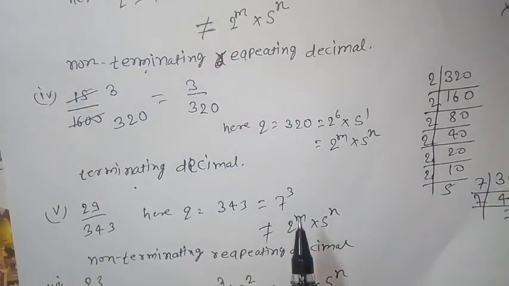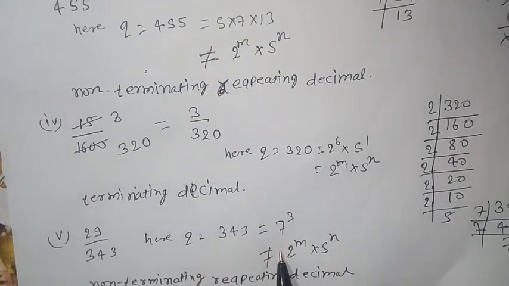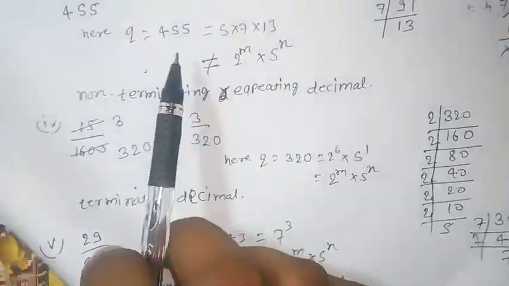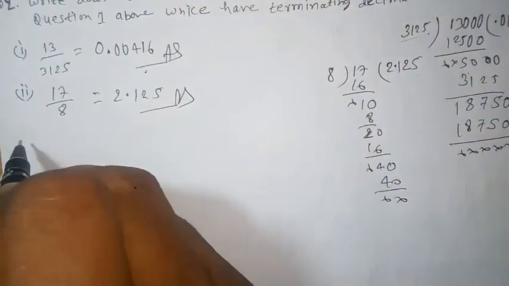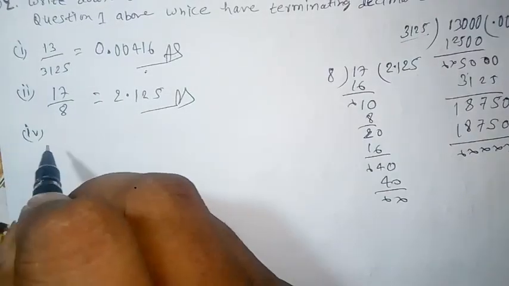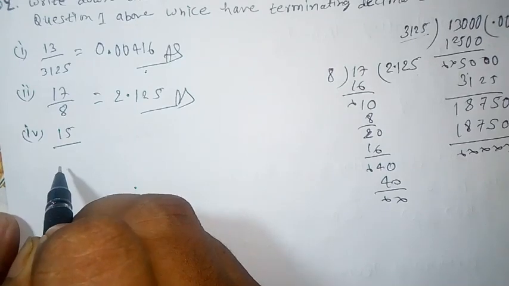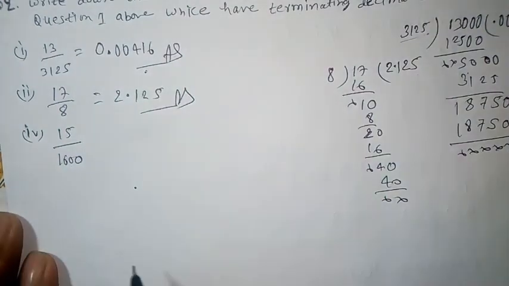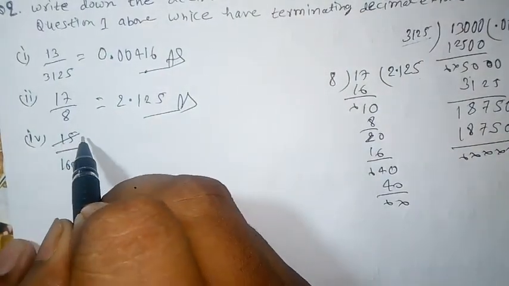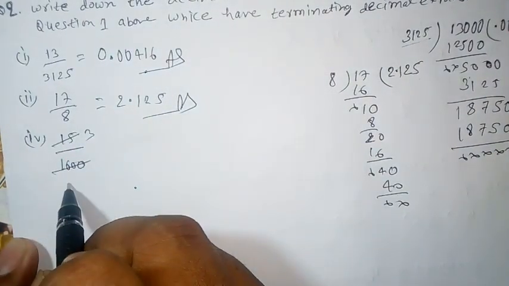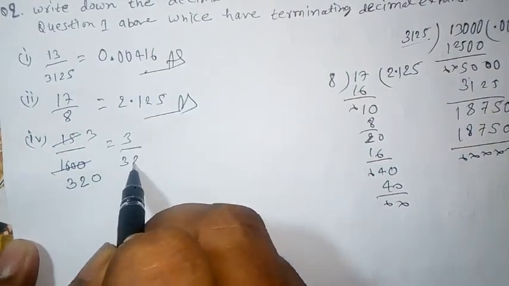Again, question number 3 is non-terminating. Question number 4 has a terminating decimal. Question number 4, 15 by 1600. First I simplify. 5 threes are 15, 5 three hundred twenty are 1600, so it is equal to 3 by 320.